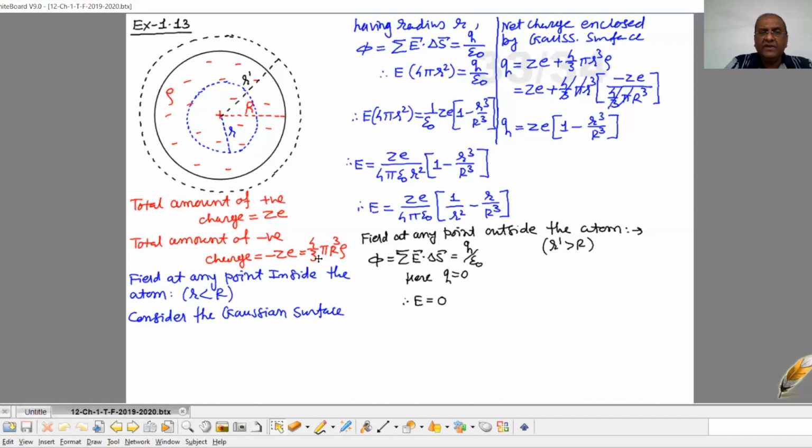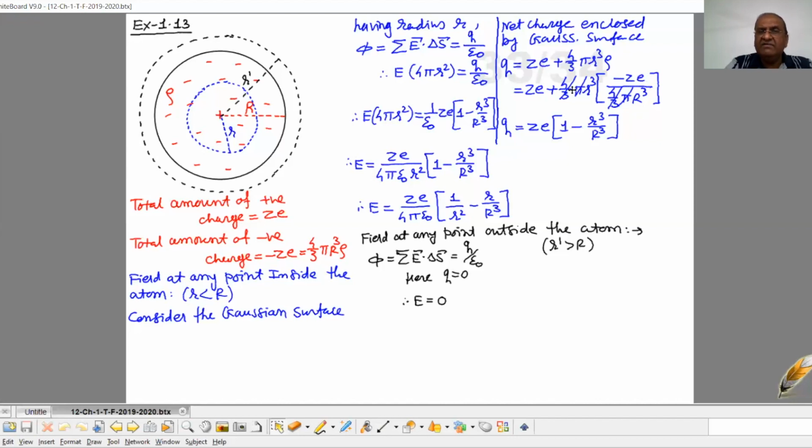Now here rho is minus Ze upon 4 by 3 pi R cube. So Ze as it is, 4 by 3 pi r cube as it is, and now your rho is replaced by minus Ze upon 4 by 3 pi R cube.